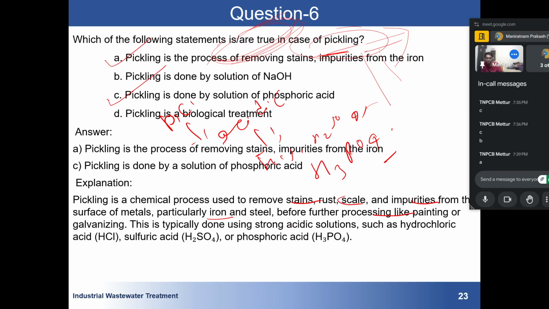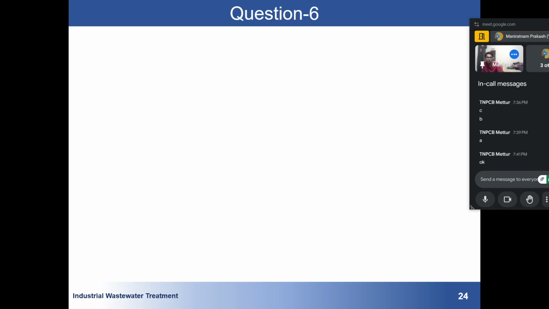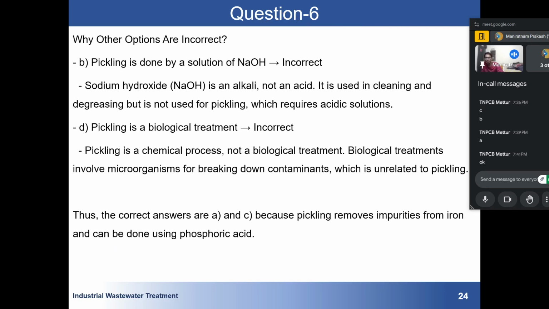It is typically done in strong acid conditions such as hydrochloric acid, sulfuric acid and phosphoric acid. Did you get it? So the correct answer will be A and C. It has multiple correct answers. Okay, good. For the other option, we have said it is done in an acidic medium, so as it is a base, it won't be used. Not biological; it is a fully chemical process.